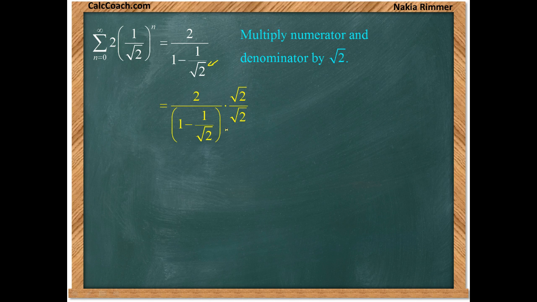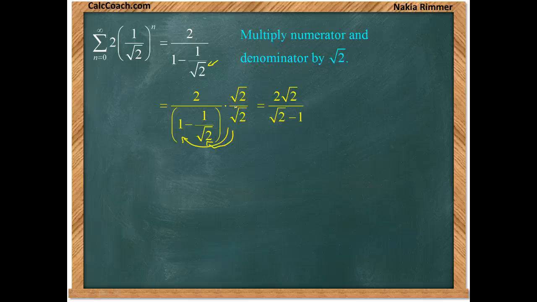When we distribute the root 2 through the two terms of the denominator, we end up with a root 2 from the first multiplication, and then these cancel and we get a 1 for the second multiplication. Now this would seem to be simplified, but it's not. You can't have irrational numbers in your denominator. Root 2 minus 1 is an irrational number.